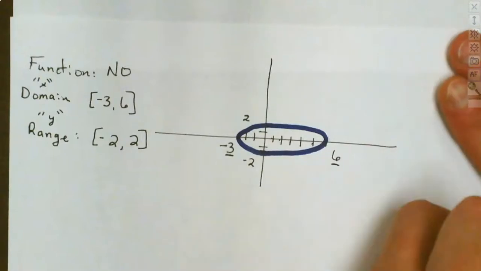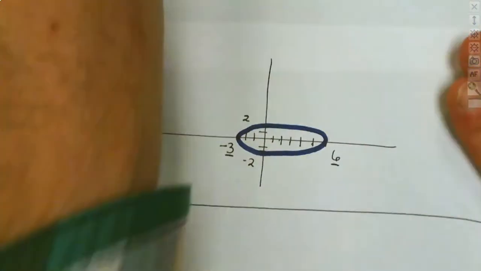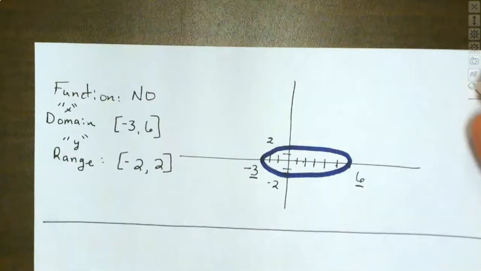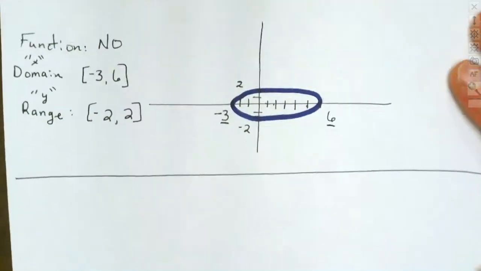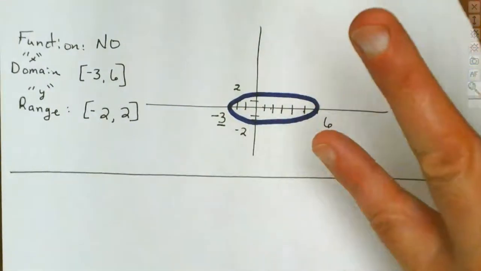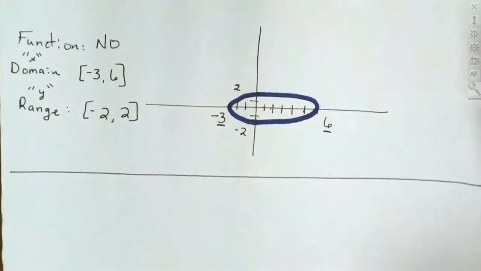Now we've talked about ordered pairs. We've talked about graphs. Now we're going to look at equations.